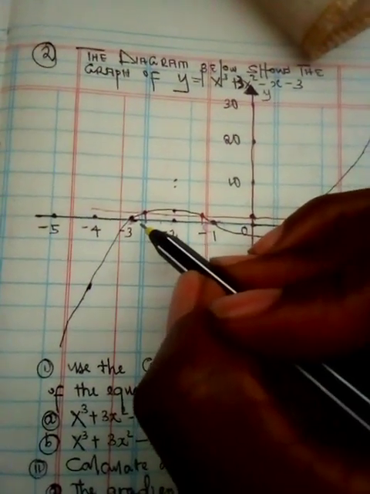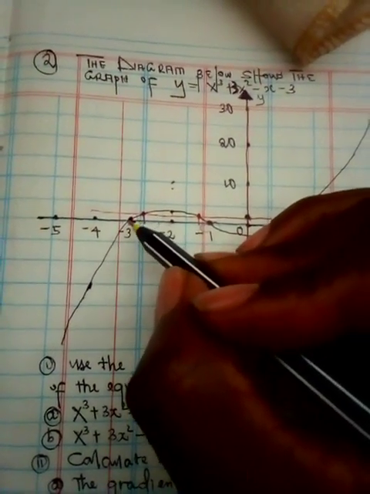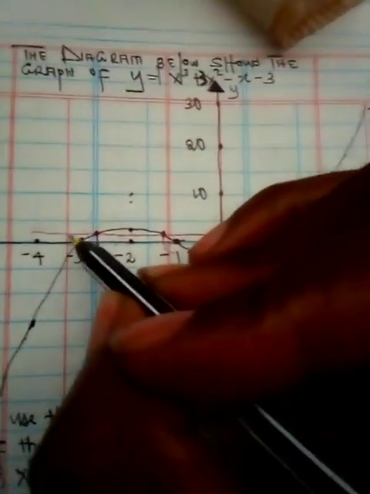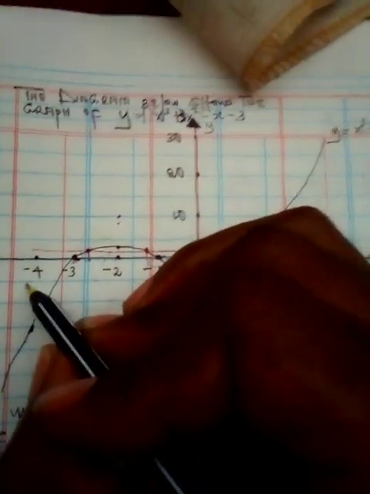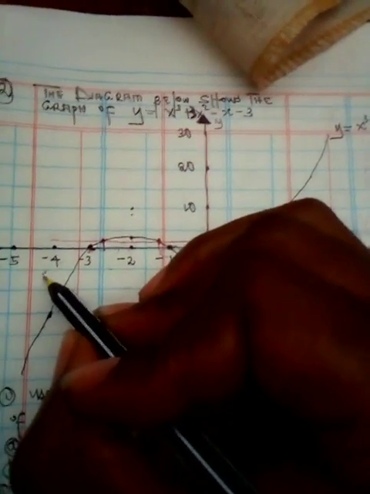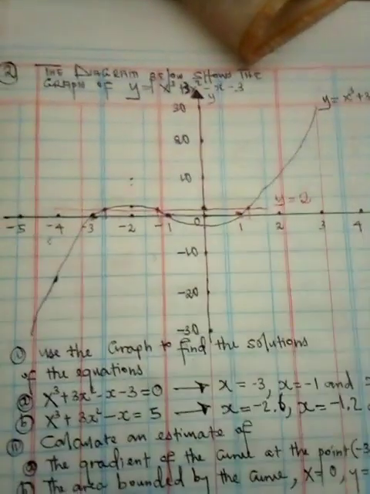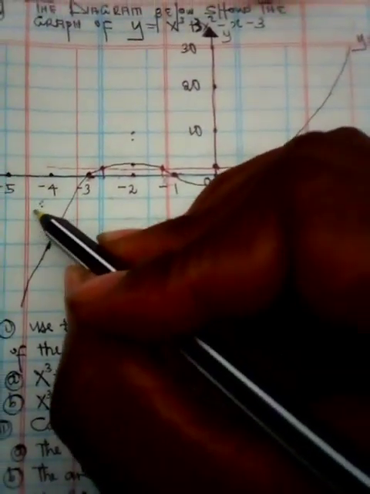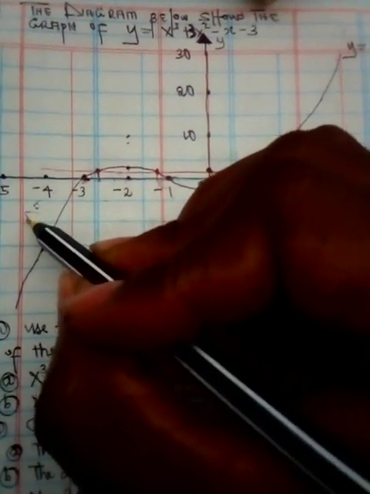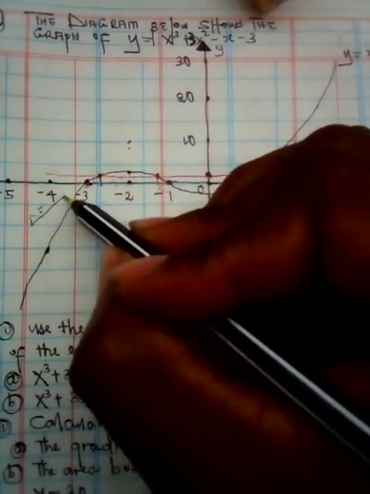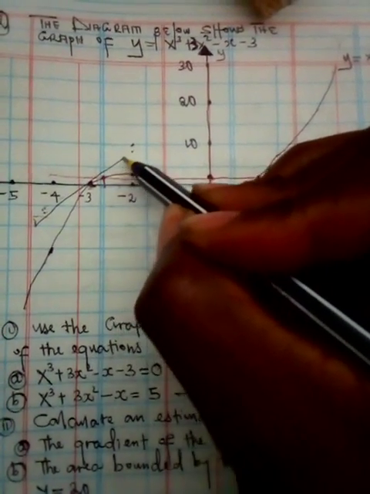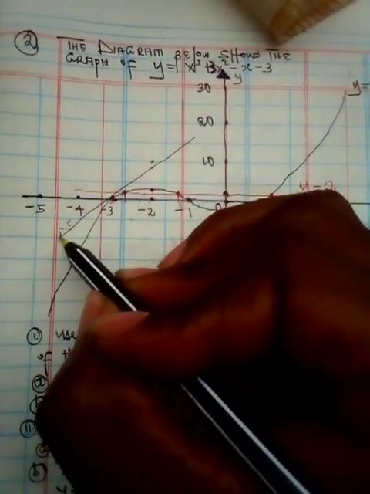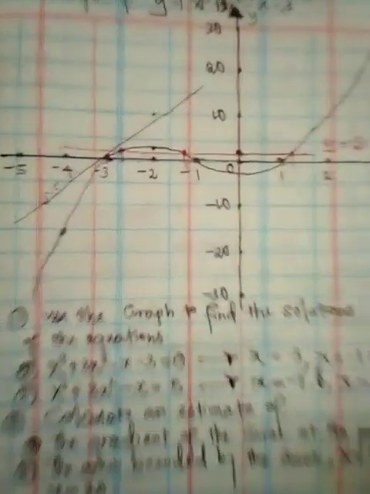So what we're going to do is draw a line that is going to meet this point at one point only. If we draw, it might look something like this, okay? It should pass through that point at one point only. So it can come out in that way, just like that.